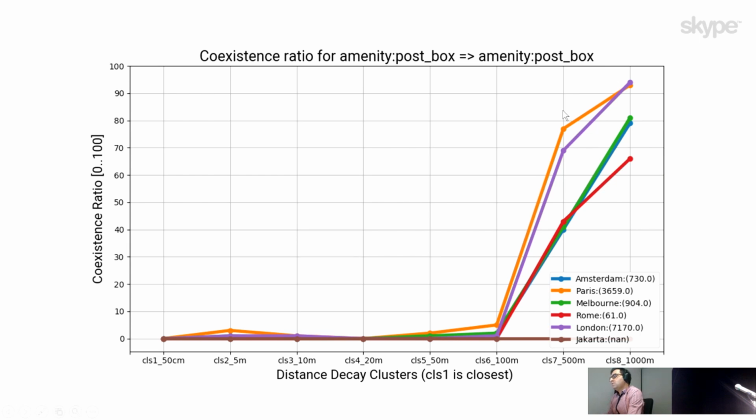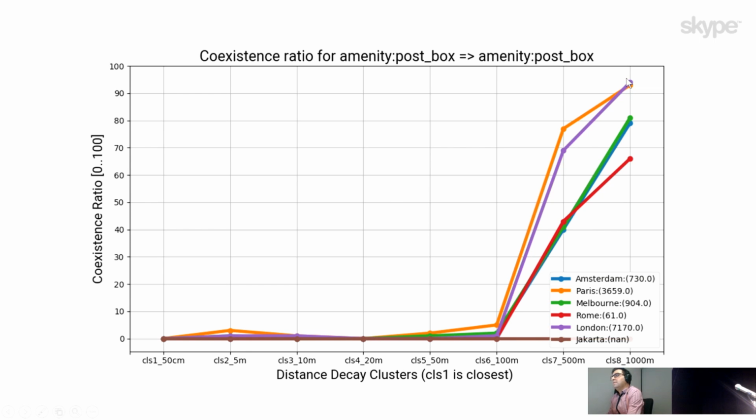But the interesting rule shows that in all these cities that we have scanned, within 100-meter distance of one post box, we didn't see any other post box that much. But when it goes further, with 500-meter distance or 1,000-meter distance, yes, there is another post box.